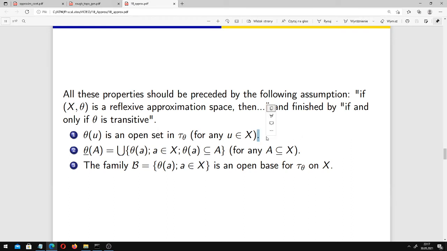So on the right side of each of these statements, you have meta-equivalence, if and only if theta is transitive. So for example, if and only if theta is transitive, the lower approximation of A is identical with the union of all theta of A such that theta of A is contained in A.